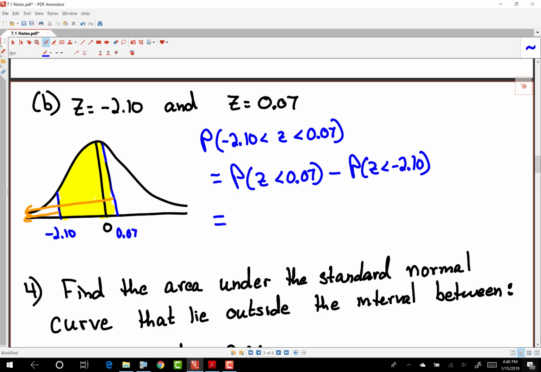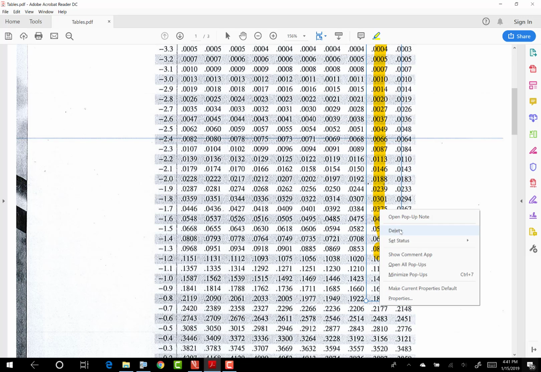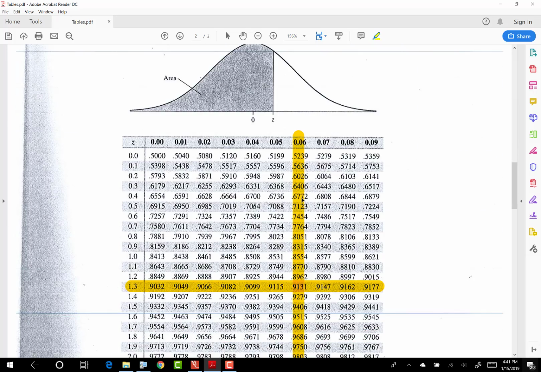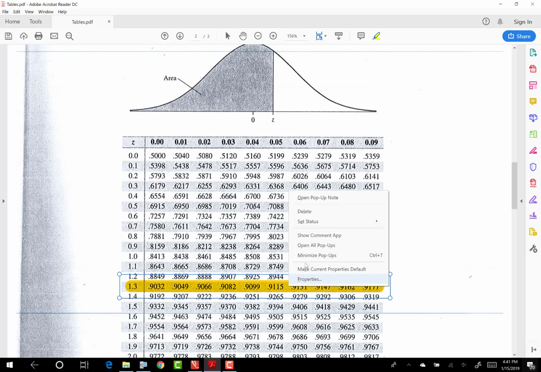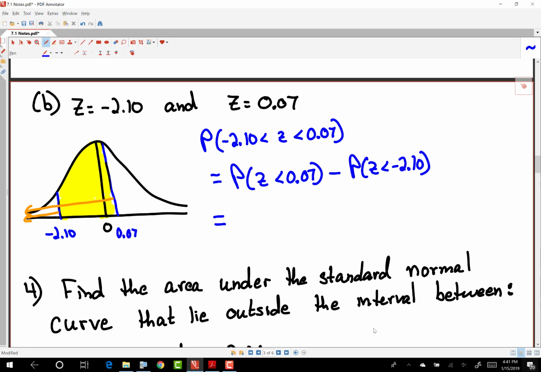Okay, so for positive 0.07, let's calculate that. We're going to go to 0.0 and then 0.07, so right here, and the number we're looking for is 0.5279. Minus, now we're going to do the same thing for negative 2.10.